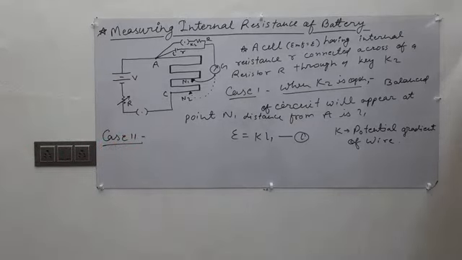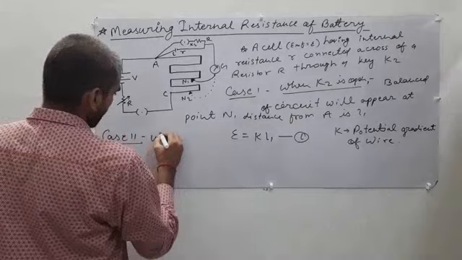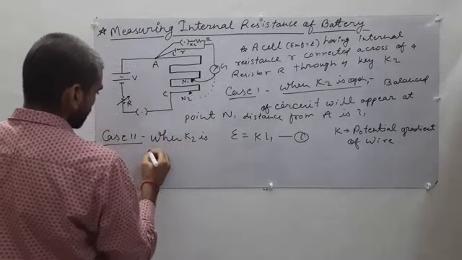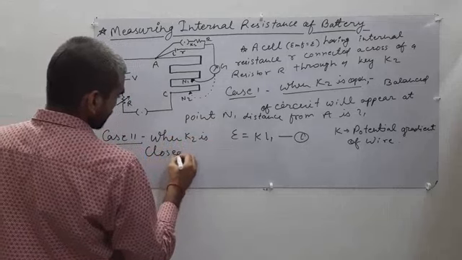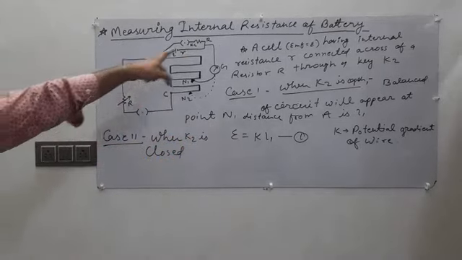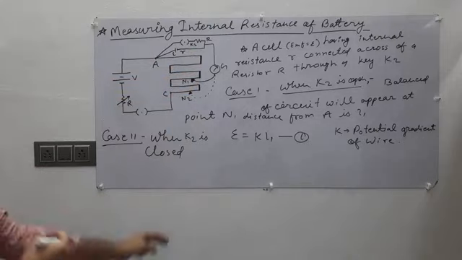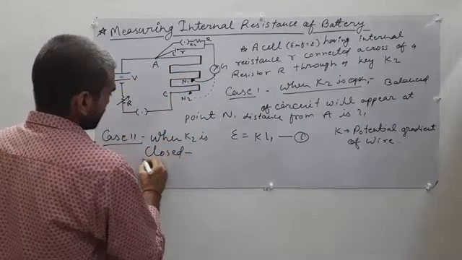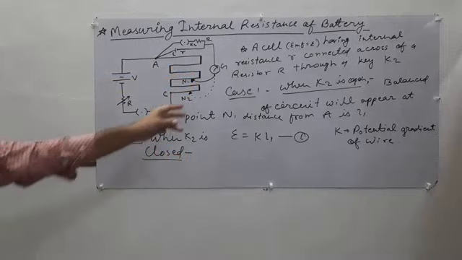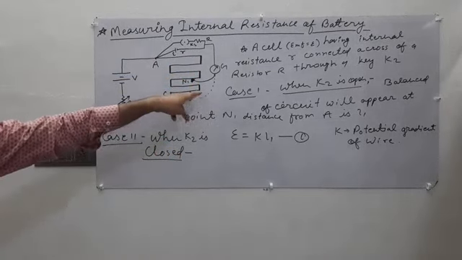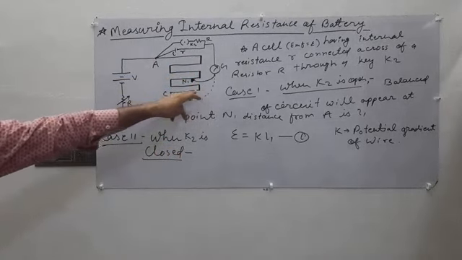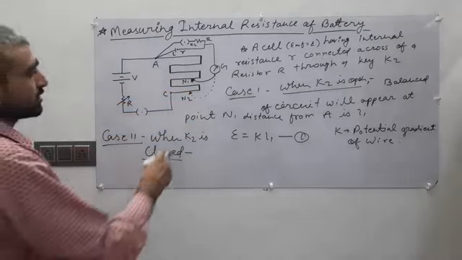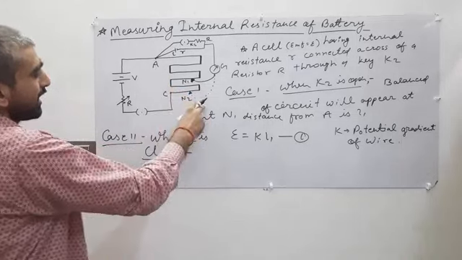Okay, now our second case says that when K2 is closed, now what happened when K2 is closed? The voltage drop now at this point, in this case, our balance will appear at N2, and the distance of N2 from A is L2.